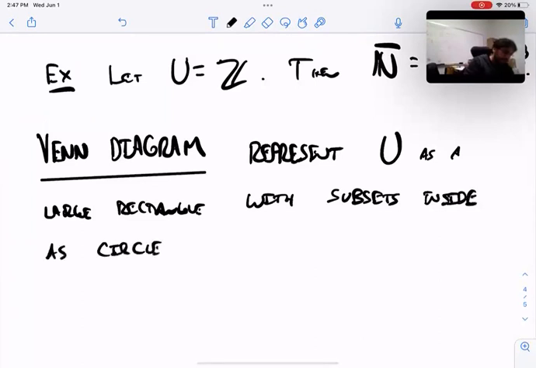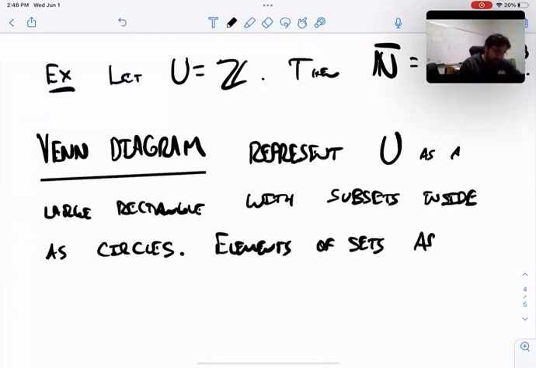This is frequently a handy visual representation of sets. Then elements of sets are shown inside those circles.